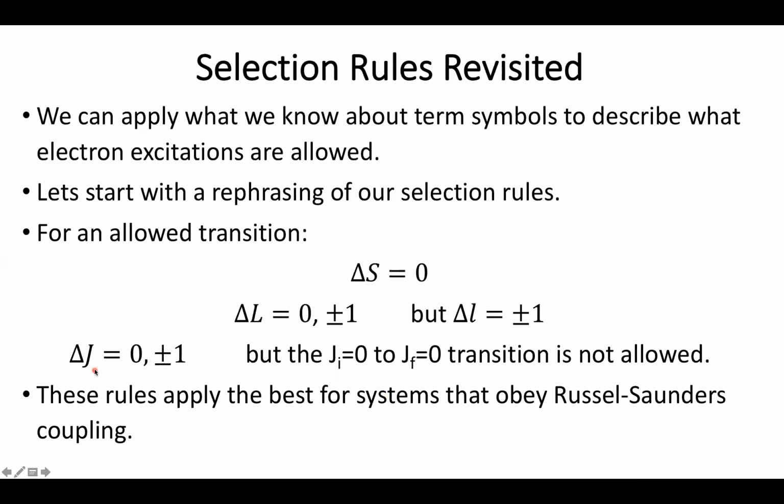So when we are applying these rules, make sure we're always considering Russell-Saunders as a backstop for what transitions are allowed. As well as you may have to, as you're going along, try and write down what the individual electron configurations will look like, as this might help you out.